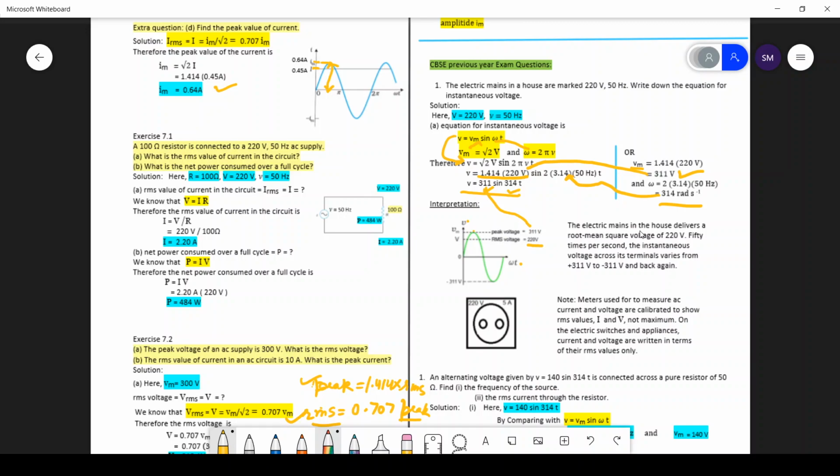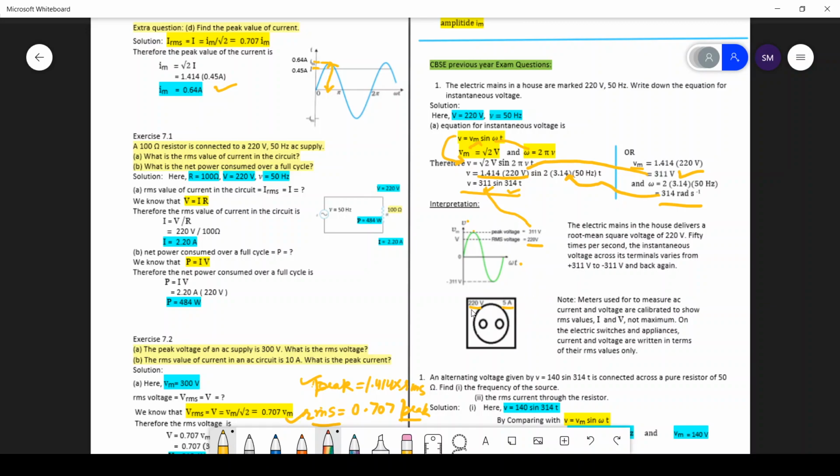So this is the sort of electric mains power supply. Even on the sockets and switches at homes, it is written 220 volt, 5 ampere, 15 ampere.